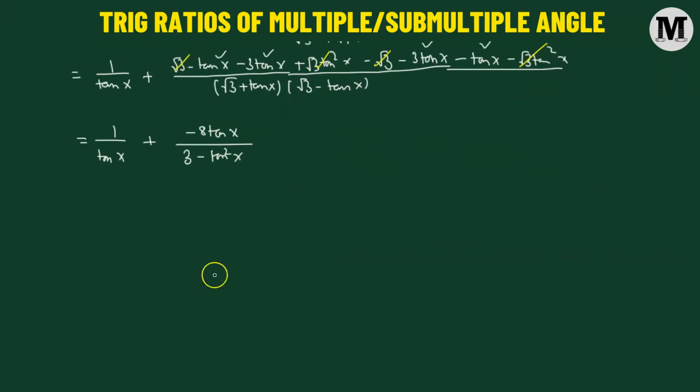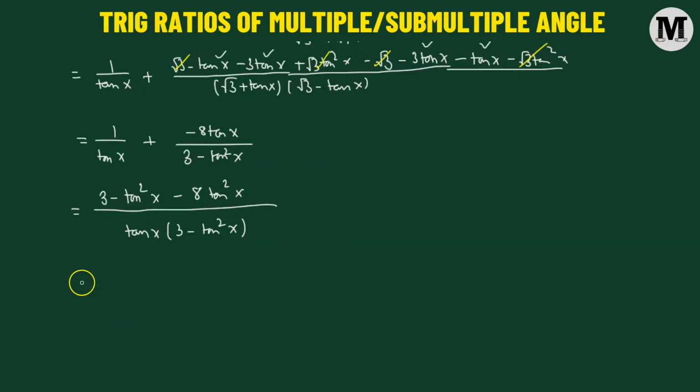Now we're going to combine these two terms. So we get tangent of x multiplied by 3 minus tangent squared x. And in the numerator, we have 3 minus tangent squared x minus 8 times tangent squared x, which will be equal to 3 minus 9 tangent squared x divided by 3 times tangent of x minus tangent cubed x.